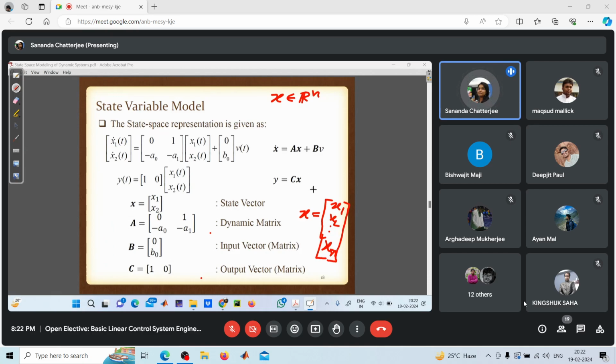Okay, if there are n elements in the state vector, then what will be the dimension of the A matrix?